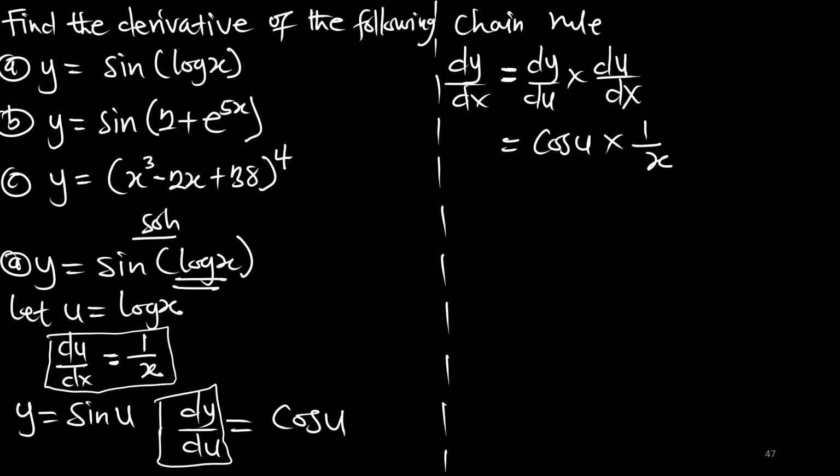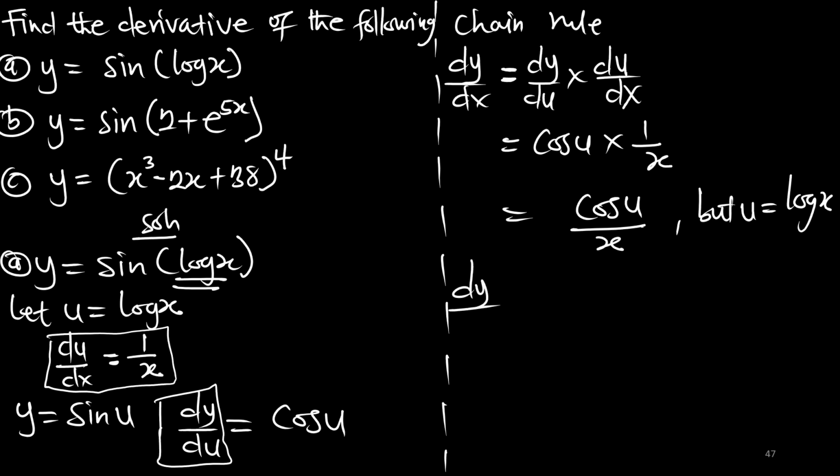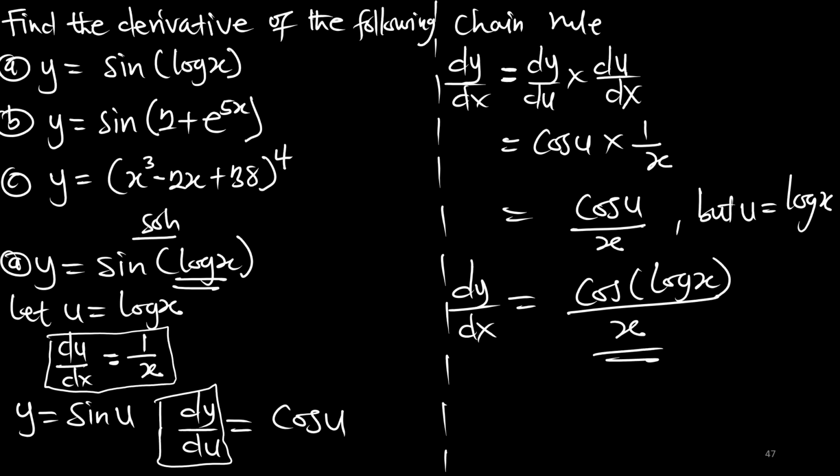This is the same as cos u on x. But we say that u is equal to log x. Is that right? Yes. Therefore, dy on dx is going to be cos of log x, everything on x. So this is the derivative of the function sine log of x.